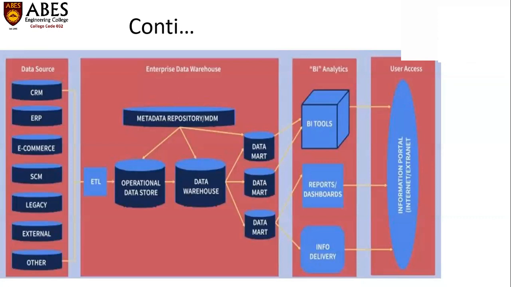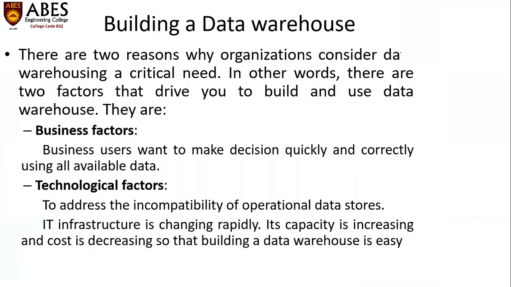Then the data is applied for user access, and at different portals and in different visualizations, as per the need and the customized operations, the data is visible to the users.